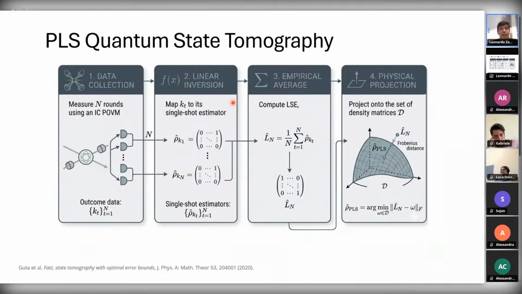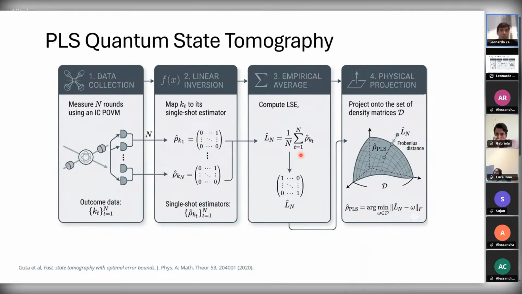Then we construct the single shot estimators. So for every single outcome, we map it to its corresponding single shot matrix, the single shot estimators that we just saw. And this is the matrix that we proved was conditionally unbiased, right? So even if the adversary is changing the state, we are still estimating it.